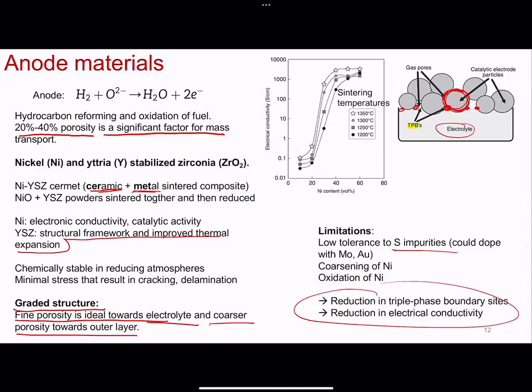So it doesn't matter if you have the most pristine octahedra that you synthesize, for nanostructure or whatever have you. As the fuel cell progresses, as it's used in service, these nanostructured catalyst particles will actually evolve.